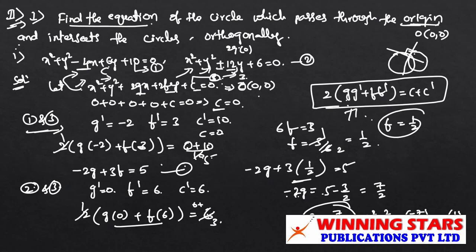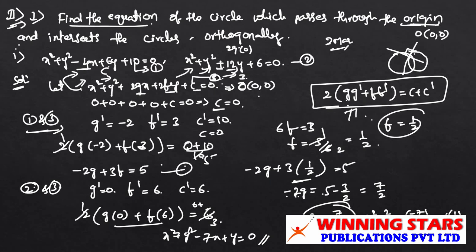So x square plus y square, the 2 and 4 reduce, minus 7 by 2 x remains, and the 2 cancels in the y term, plus y remains, is equal to 0. That is the answer. This question is very important, and this type of question may be asked as a 2 marks question.